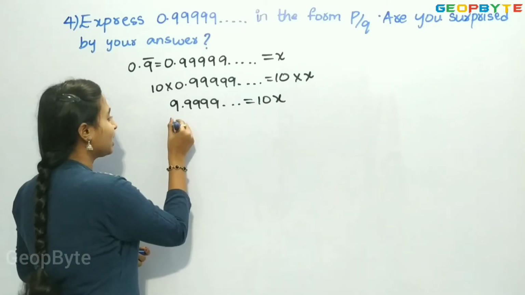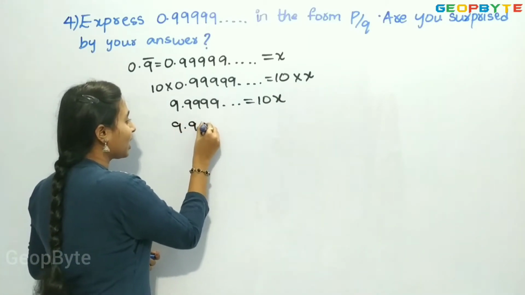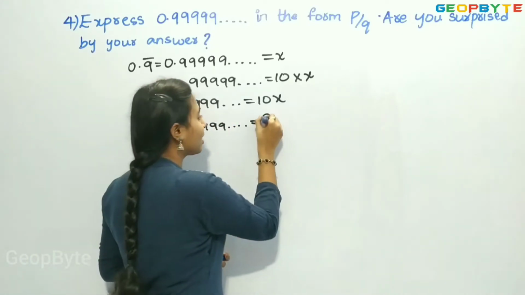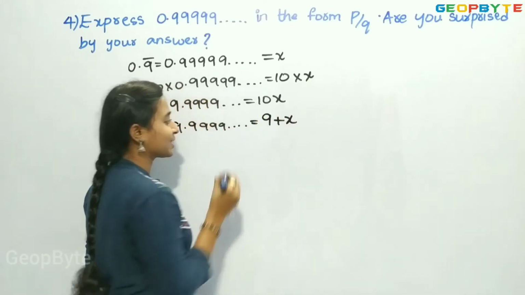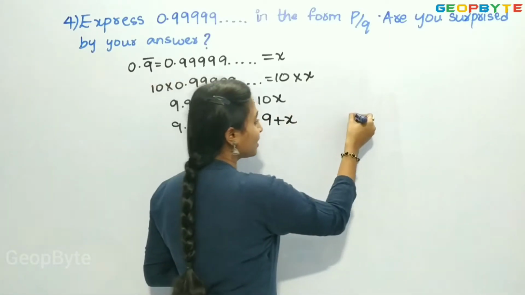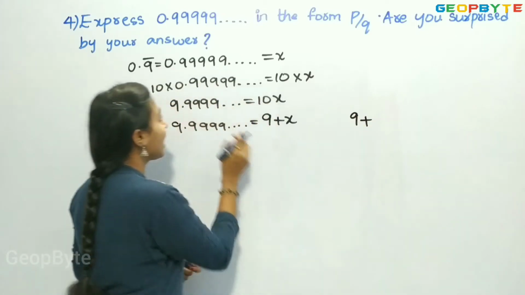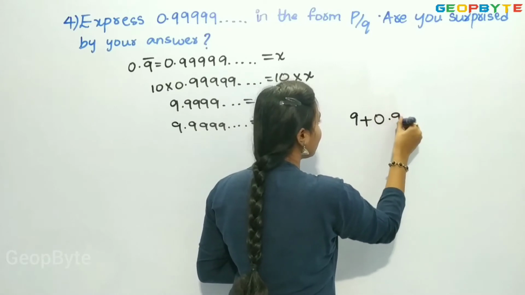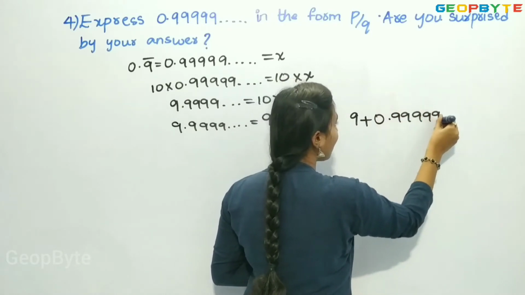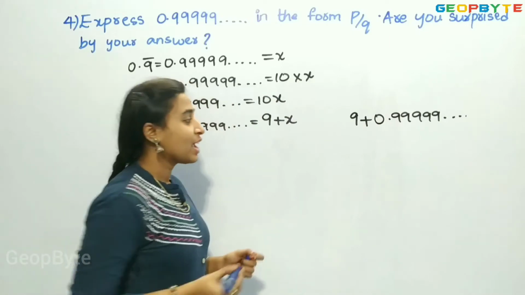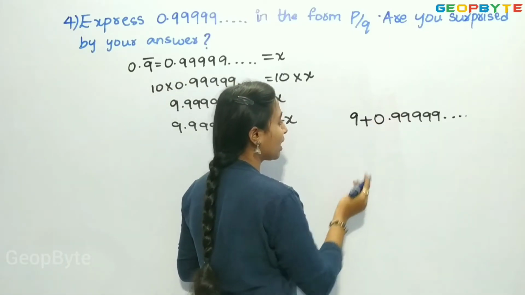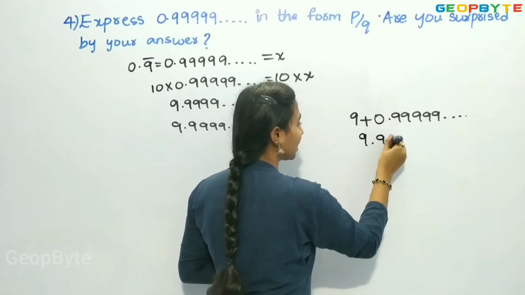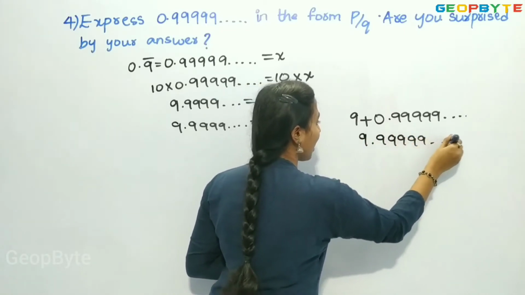Now if you see, 9.9999 and so on can be written as 9 plus x. Let us see. 9 plus x is nothing but 9 plus 0.99999 and so on. If we add 9 plus 0, we get 9 point, the remaining numbers are written and so on.